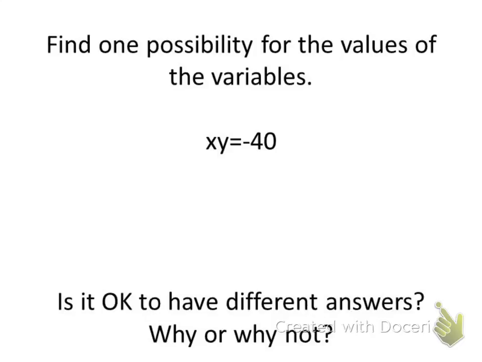So this is practicing substitution, but in reverse. In math, if you can do problems both ways, like I give you the problem, you give me the answer, or I give you the answer, you do the problem, that shows me that you really, truly, deeply understand the concept. So that's why today we're doing substitution in reverse. Does anyone have an X and Y combination that they think might work here?